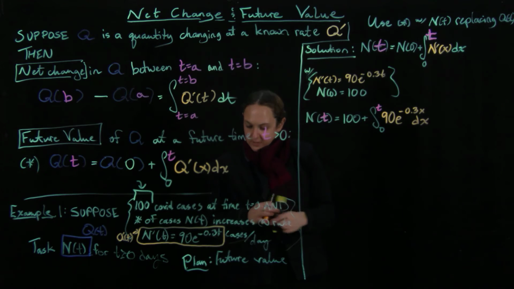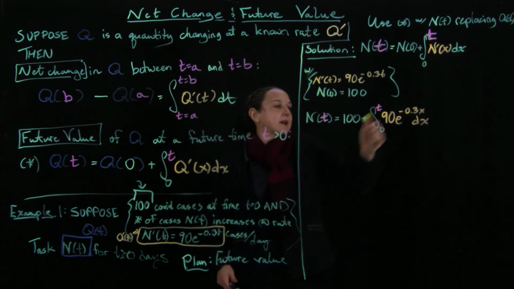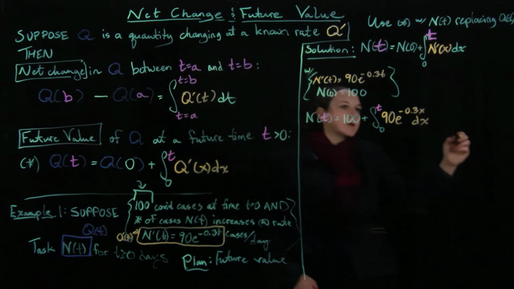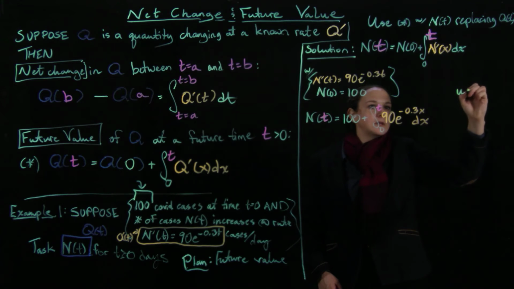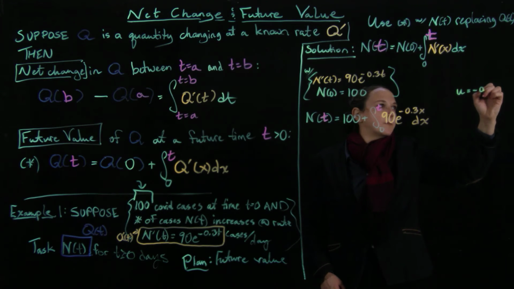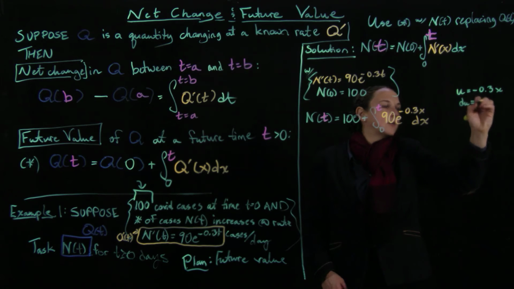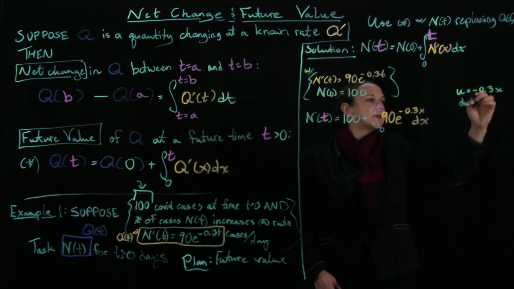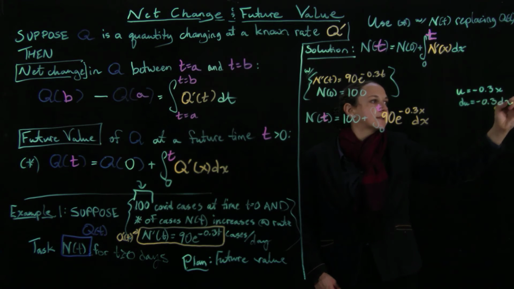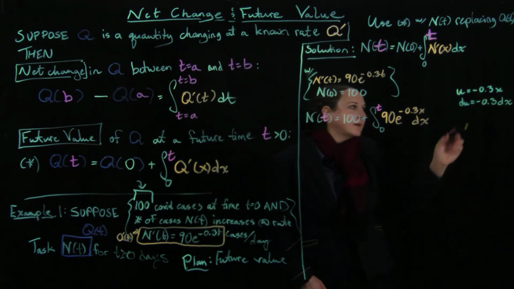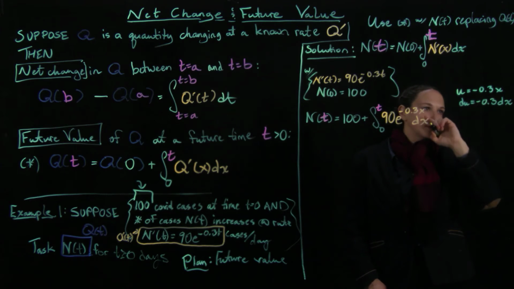My u is going to be the inside function, like always, so it's right there. We're going to use u equals minus 0.3x. So my du equals, remember we take the derivative of this, so that's going to be minus 0.3 dx. And then we usually like to move this to the other side.